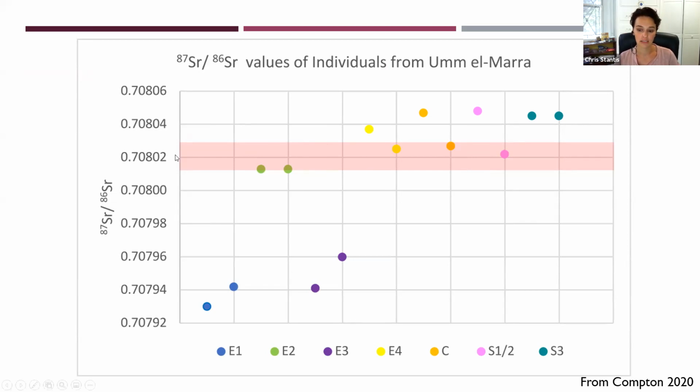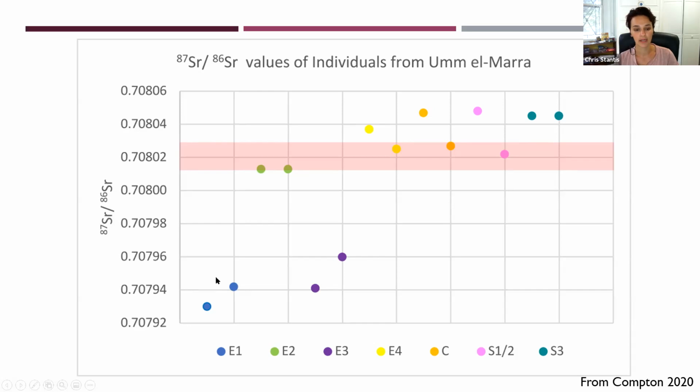So the orange box here is the values of ovicaprine bone. Bone equilibrates much more readily with the local soil than teeth. So we can assume that this bone range is the local geology very specific to el-Marra. But with the enamel samples taken from each animal, we can think about movement over each individual's life.